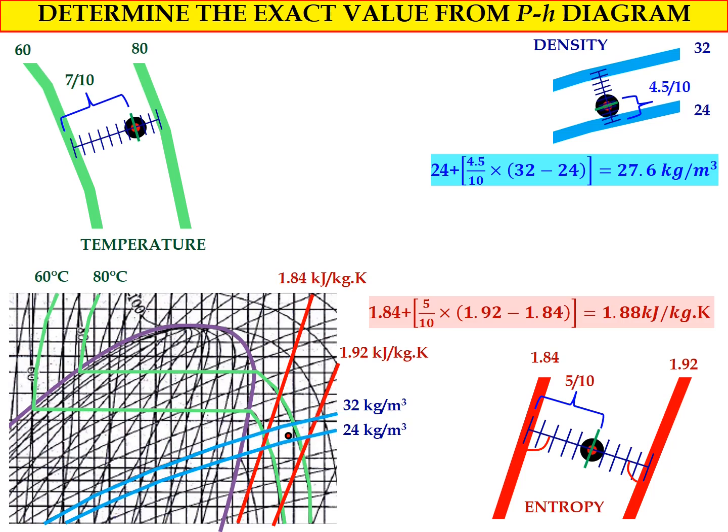So for this example, we'll get 7 out of 10. Calculate the exact value in terms of temperature for the intersection point. So the value will be 60 plus 7 divided by 10 times 80 minus 60, which is equal to 74 degrees Celsius. Okay, so that's how you determine the exact value from the pH diagram.